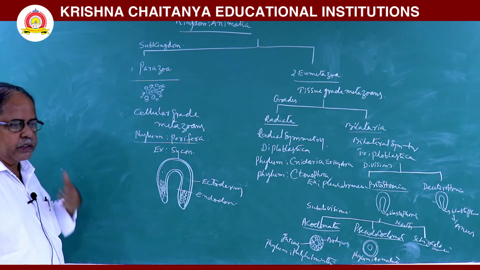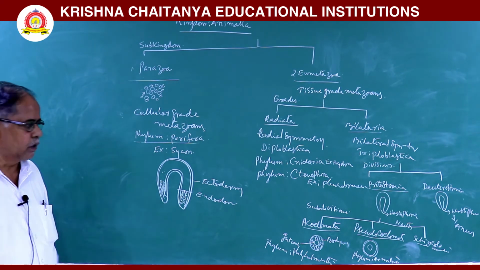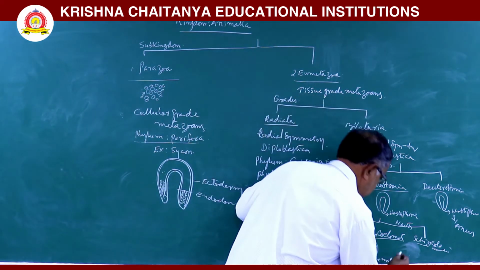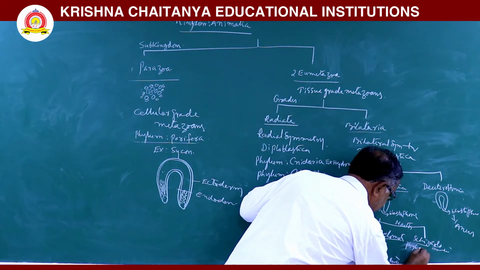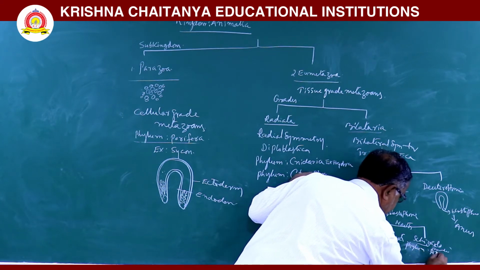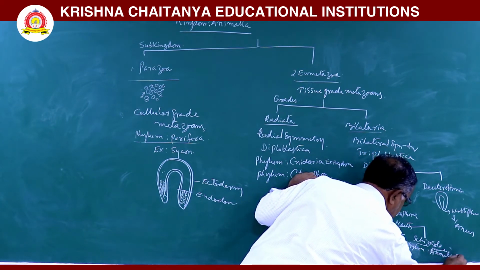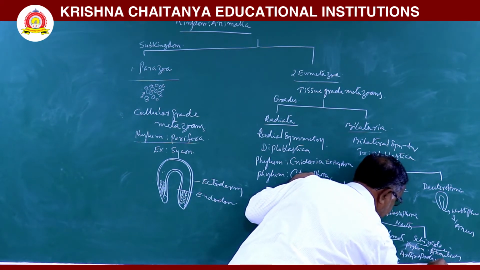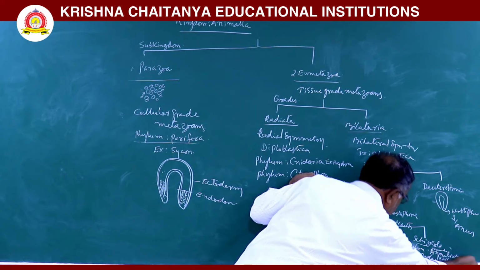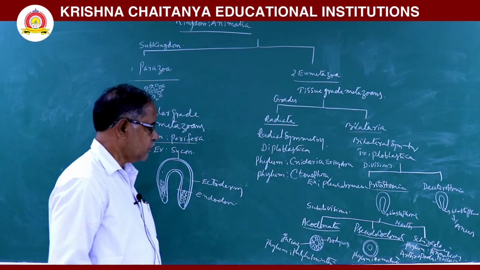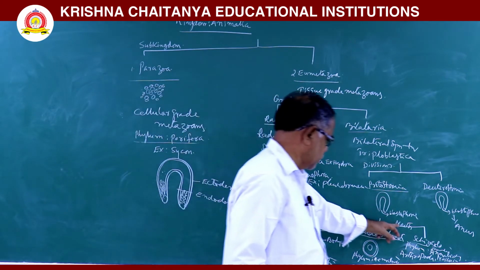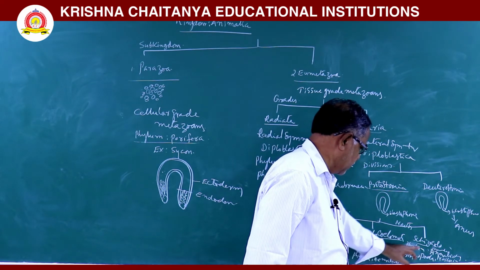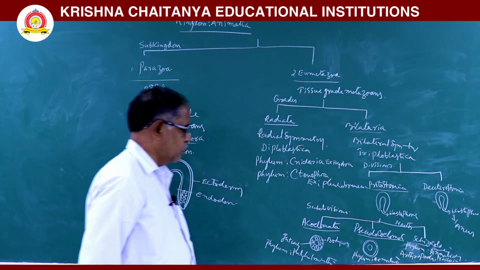This true coelom is formed by splitting of the mesoderm, so it is called a schizocoel. In Schizocoelomata, phylum Annelida, phylum Arthropoda and phylum Mollusca are included.